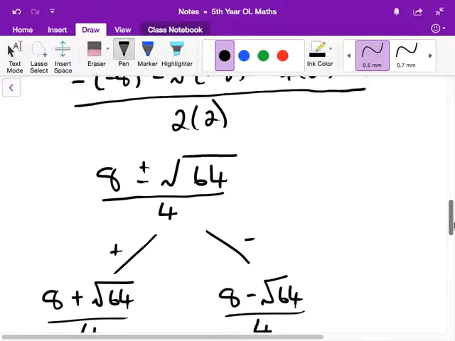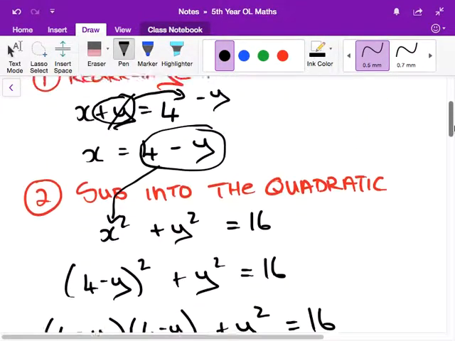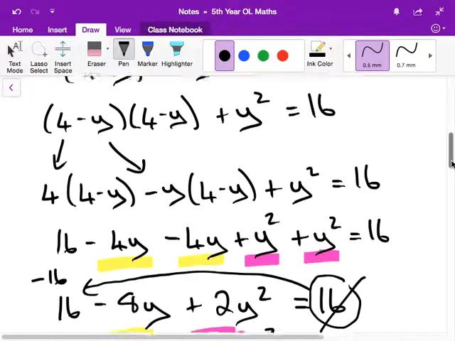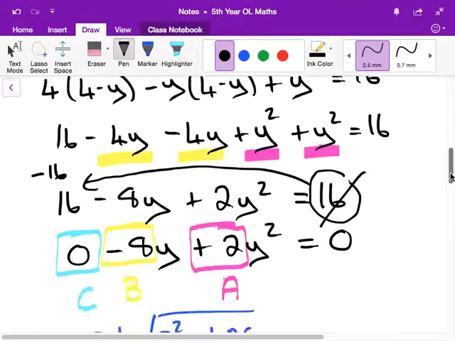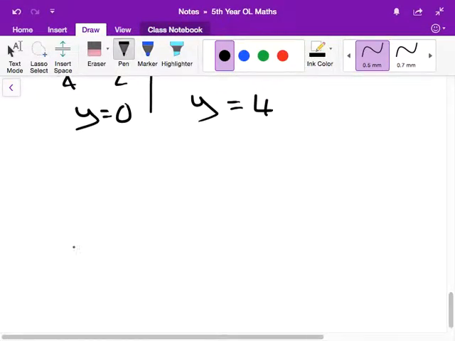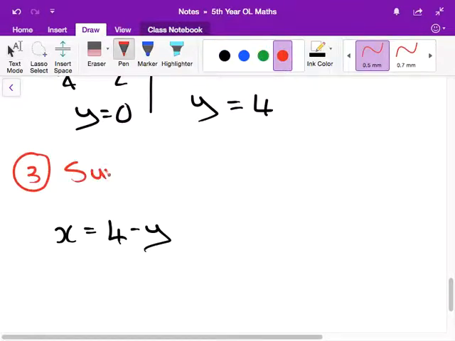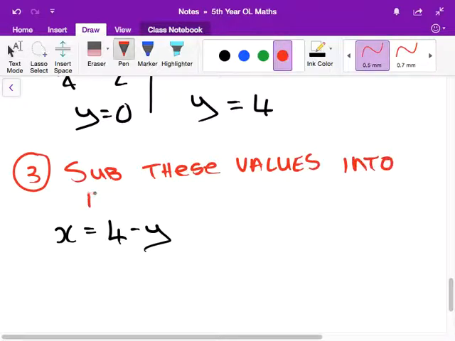Okay, now I need to get my x's. So go right back up to the start. And it says x equals 4 minus y. So as my final step, I'm going to sub these values into the rearranged linear.